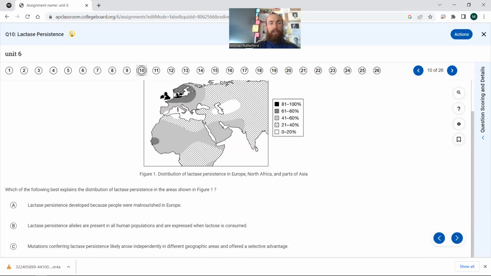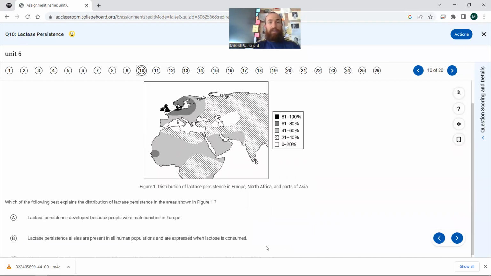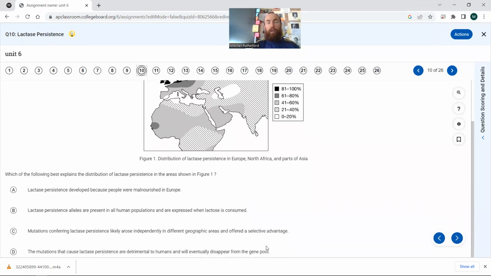So it looks like it did originate in one place. This arose independently means in multiple different places. I'm not loving that. D, mutations that cause lactase persistence are detrimental to humans and will eventually disappear from the gene pool. This graph doesn't provide any evidence of that. It just has nothing to do with this graph, so that's a distractor. I don't really like that.